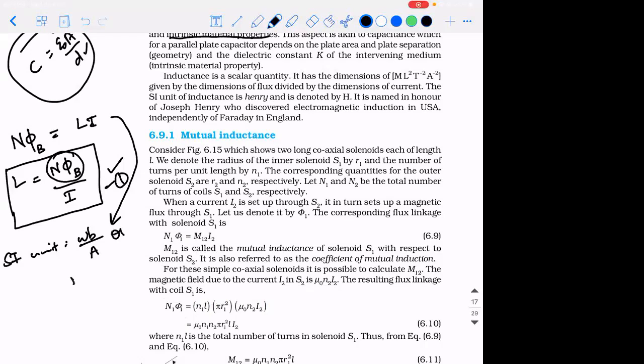Or I can write Tesla meter square per ampere, both are right, because 1 Weber is Tesla meter square. Flux is equal to B into A. So this Tesla meter square per ampere is what we call Henry. So the SI unit of inductance is Henry, represented by the symbol capital H because it is named after the scientist Joseph Henry.